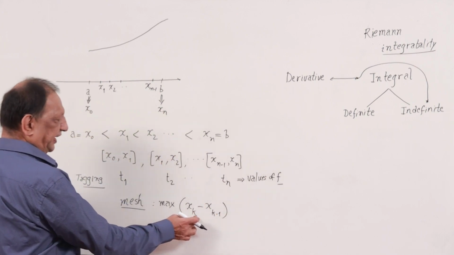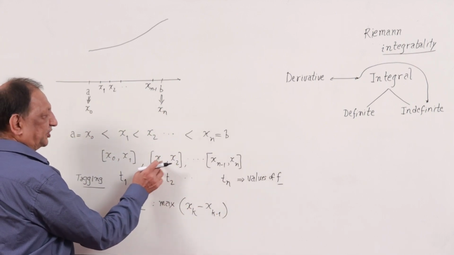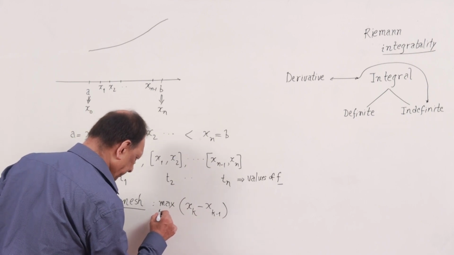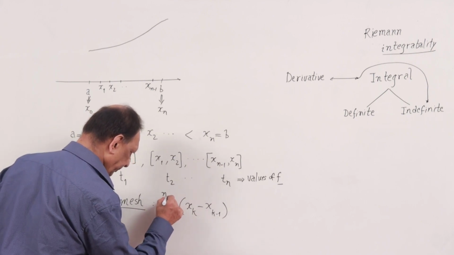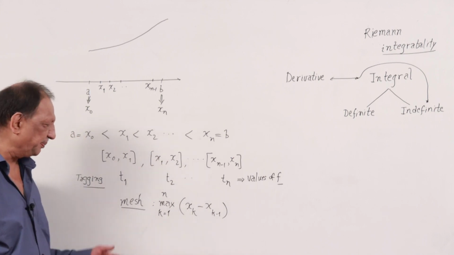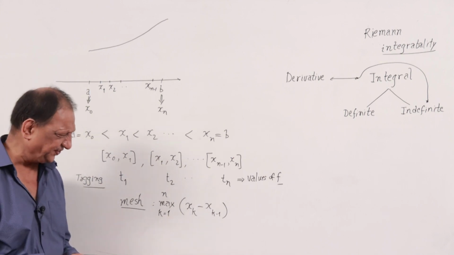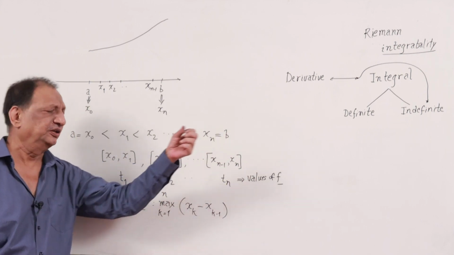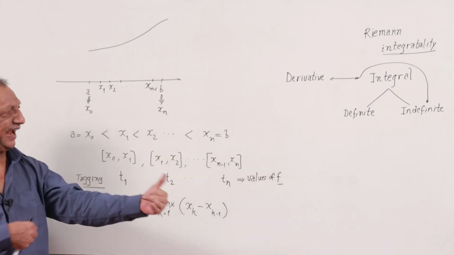For a given value of k, xk minus xk-1 is the width of that interval, and I want the maximum value for k between 1 to n. This is known as a mesh. Mesh is the maximum width of an interval out of these n intervals that we have.